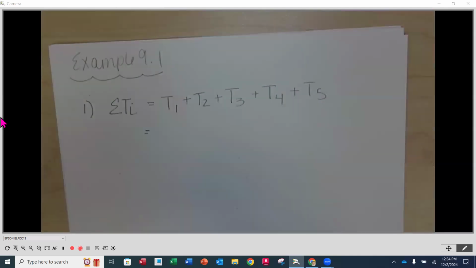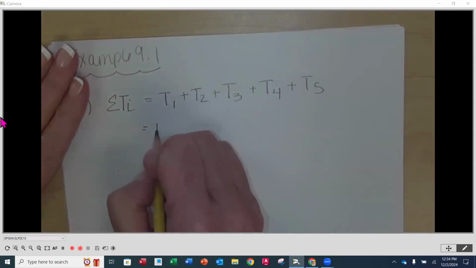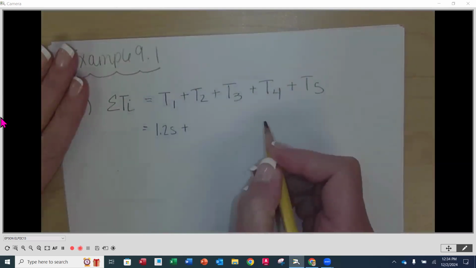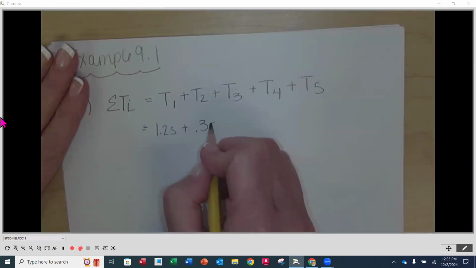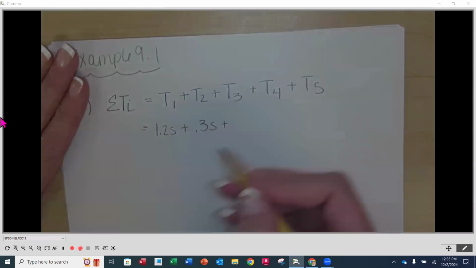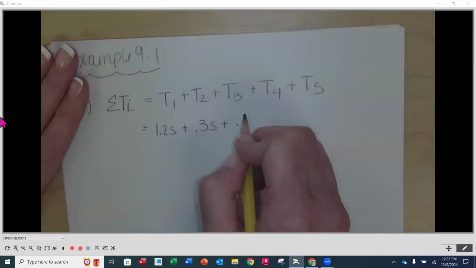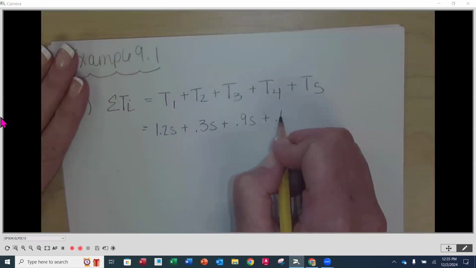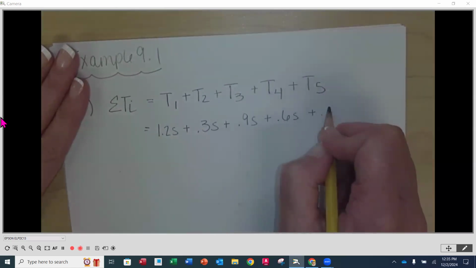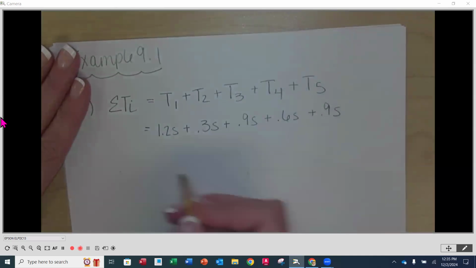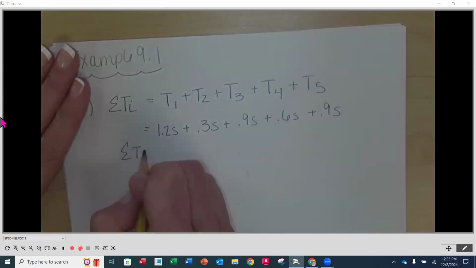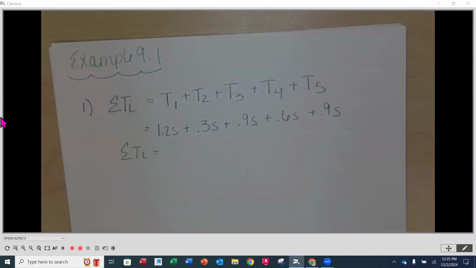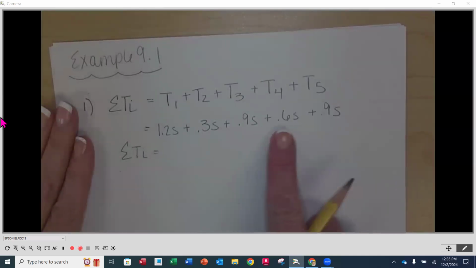So the total is going to be equal to 1.2 seconds plus 0.3 seconds plus 0.9 seconds plus 0.6 seconds plus 0.9 seconds, okay? So my total time all the way around, what do we get for the value here? So 1 revolution of our cam, how much time? Adding each one of those up.